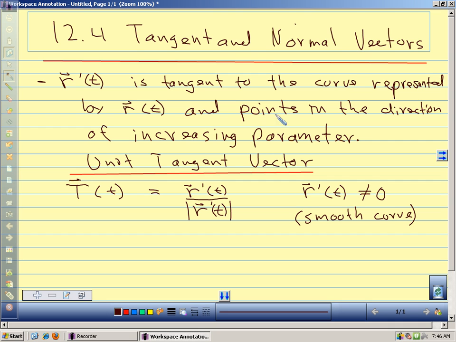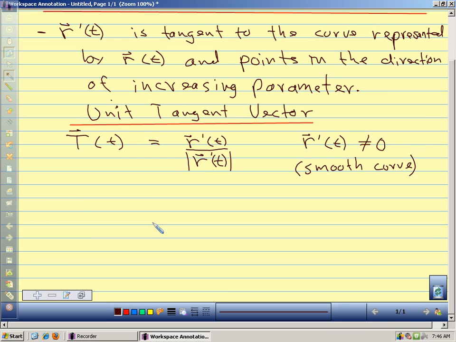So let's take a look at one example of where we would use a unit tangent vector. We had a problem like this on the board on Friday, and I don't think anybody got to it. So let's say r of t is the vector e to the minus t, 2 cosine t, and 2 sine t.